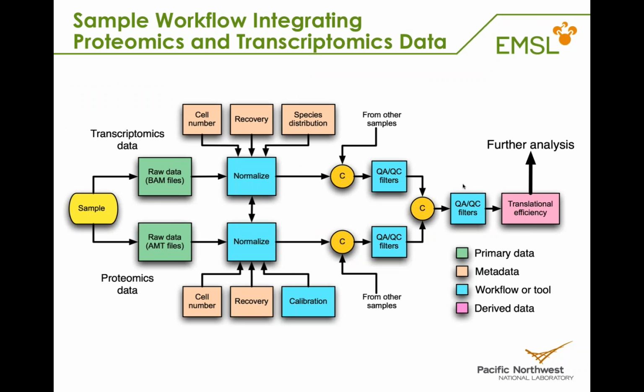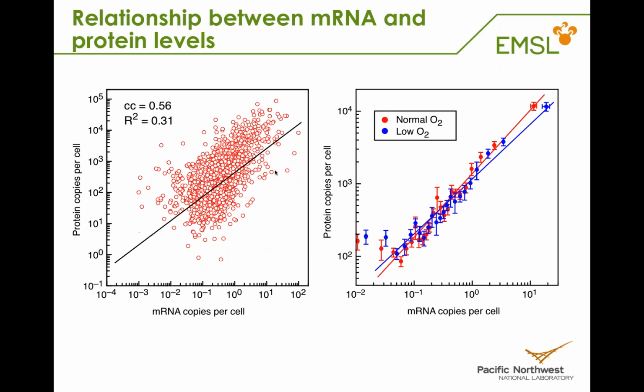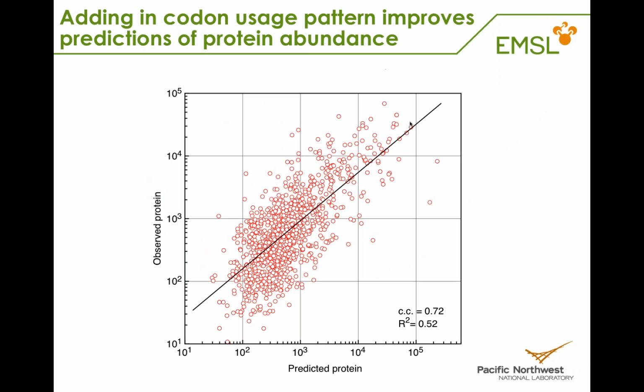And from this type of data integration, we were able to look at different relationships between mRNA copies and protein copies per cell, both at the individual gene level and at the average gene level. And you can see very nice relationships from this. And you were able to find out the effect of data filtering, normalization. And when you added things like codon usage pattern, which of course came from the genomic data, you could build a more and more accurate model.